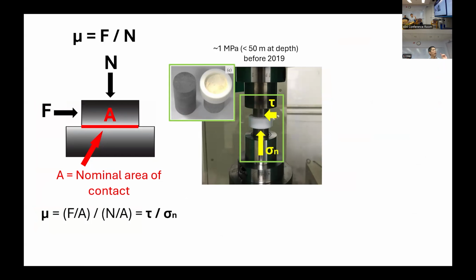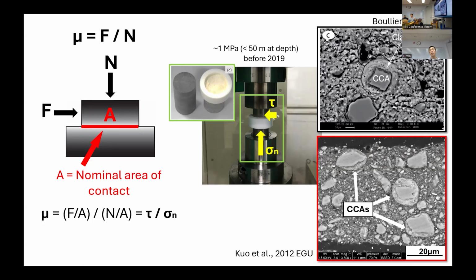But for gouge, you have to sandwich the gouge powder with Teflon slip. In this case, the sample cannot shear at very large normal stress because the gouge will extrude, since the Teflon slip is not very tight.